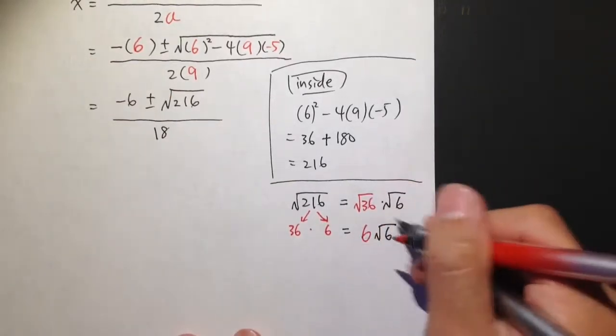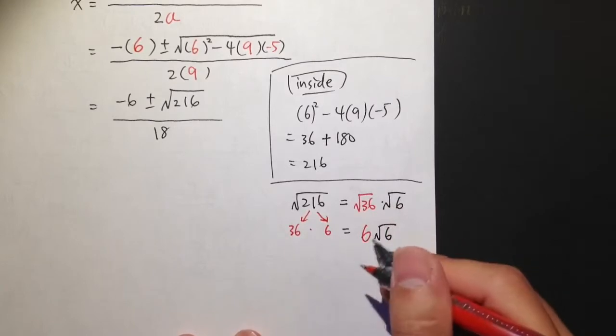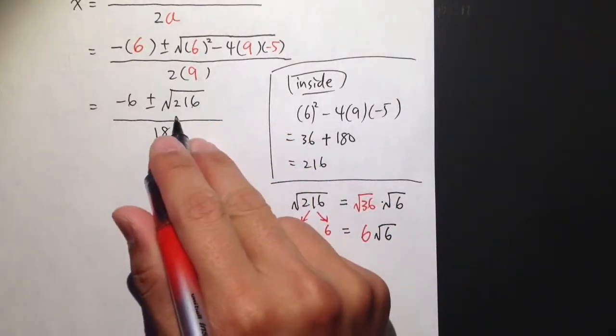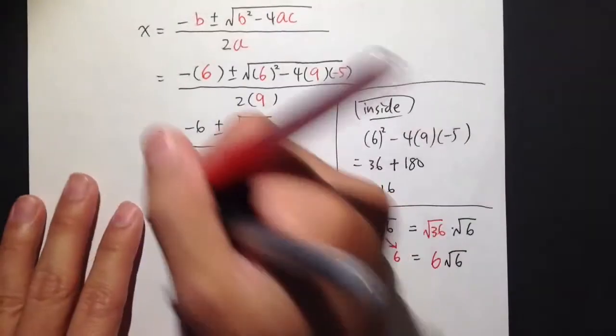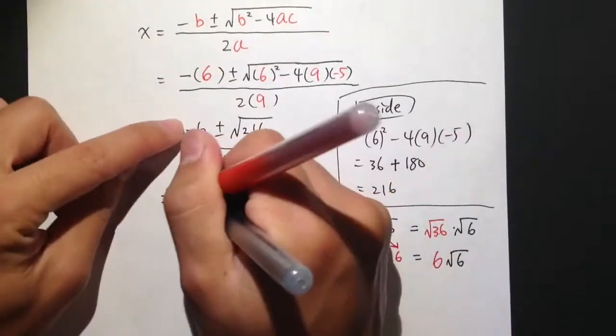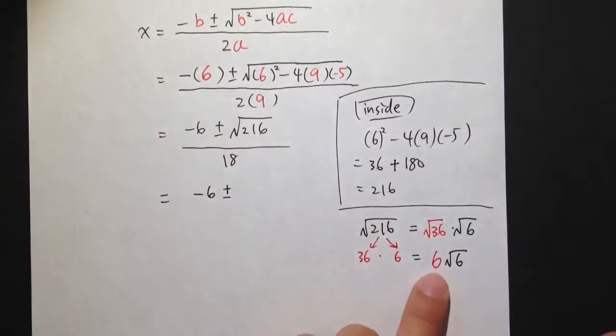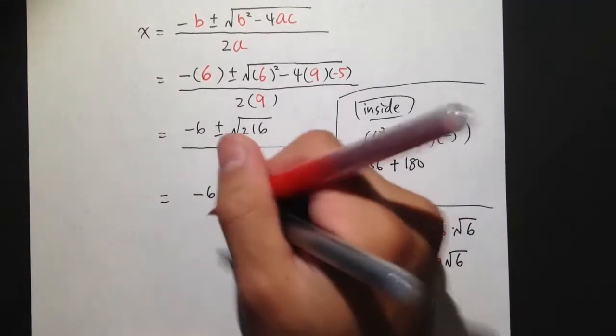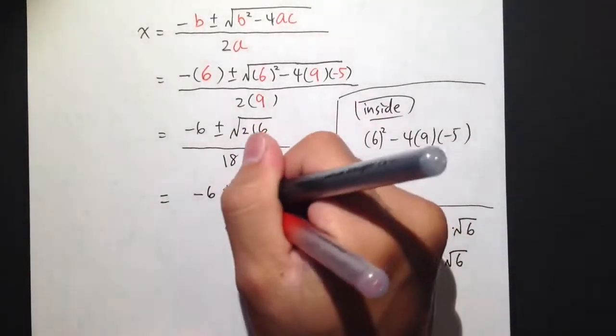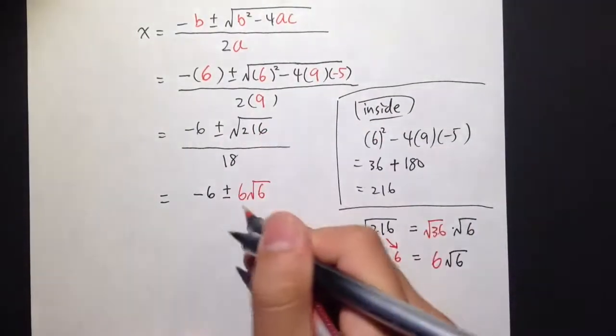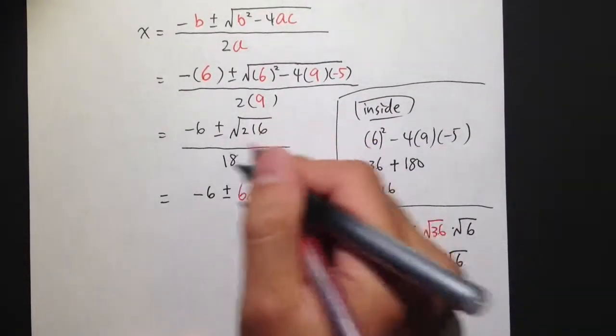So now, this right here is what we are going to plug in for square root of 216. So on the top, I have negative 6 plus minus 6 square root of 6. All this comes from that.